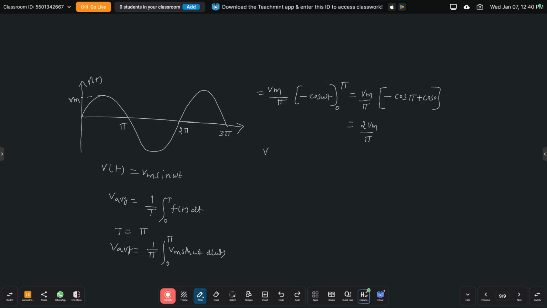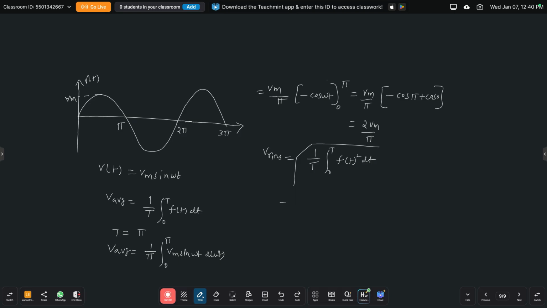And similarly, what is the RMS value? The RMS value is equal to the square root of 1 by T integral 0 to T f of t whole square dt. So therefore, 1 by 2 pi integral 0 to 2 pi Vm sin omega t d of omega t whole square under root.